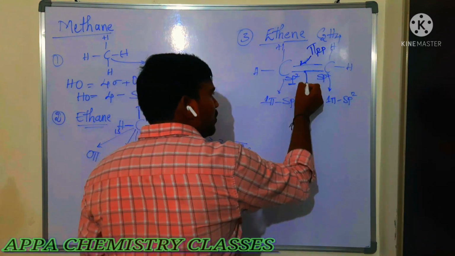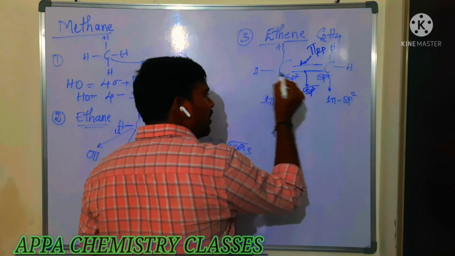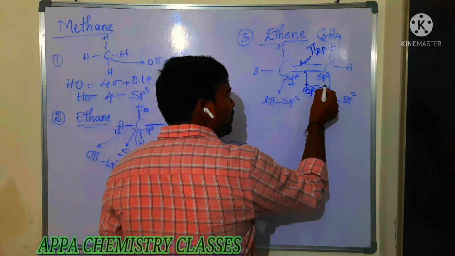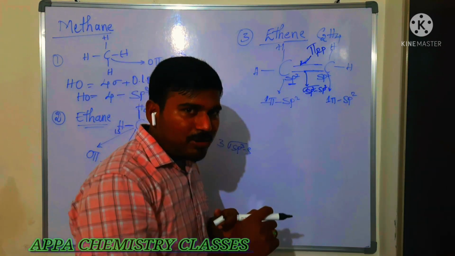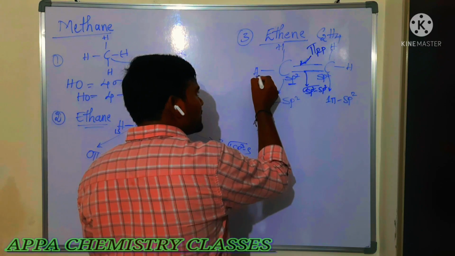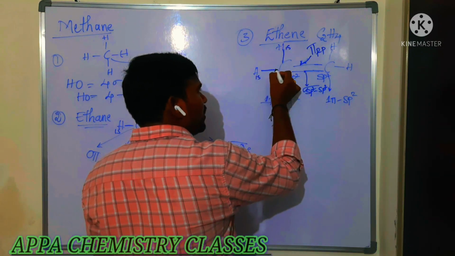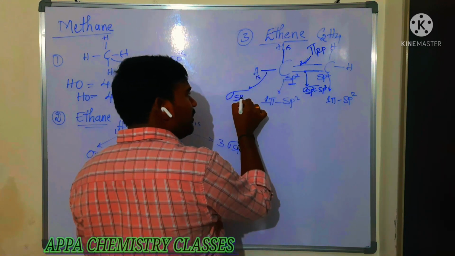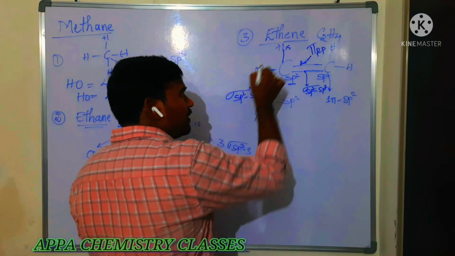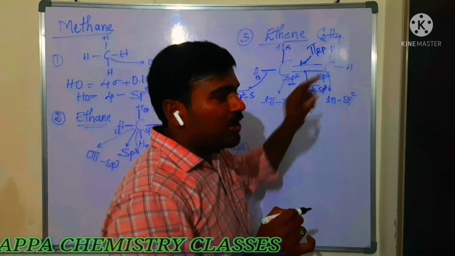Now the sigma bond: how do we get it? The sp2 orbital of this carbon and the sp2 orbital of this carbon overlap end to end, and then we get a sigma bond. Between these carbon atoms and the hydrogen atoms, the overlapping is sigma sp2-s. Here also sigma sp2-s overlapping.